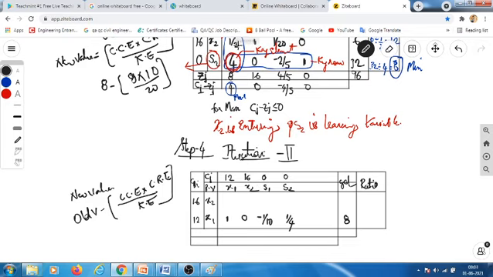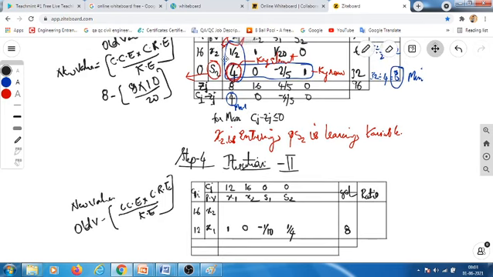For example, here the old value was 1 by 2. To get the new value: old value is 1 by 2 minus the corresponding column element, which is 1 by 2 itself, into the corresponding row element, which is 4 over here, divided by the key element 4.